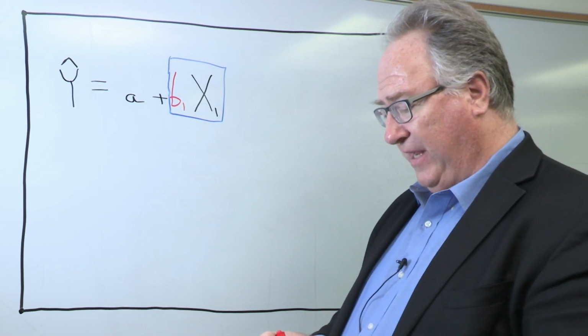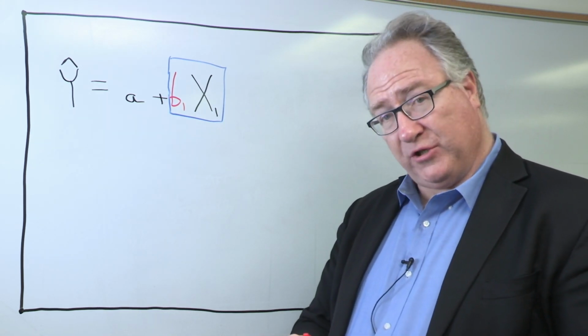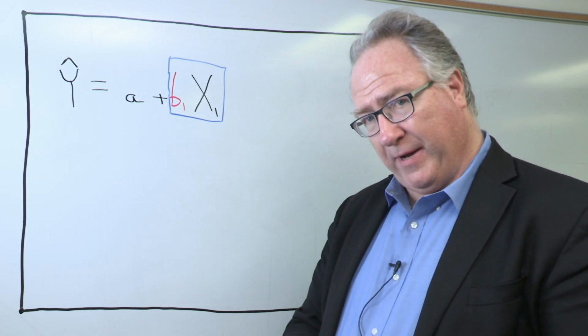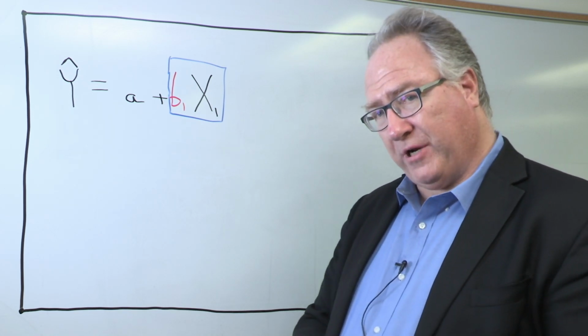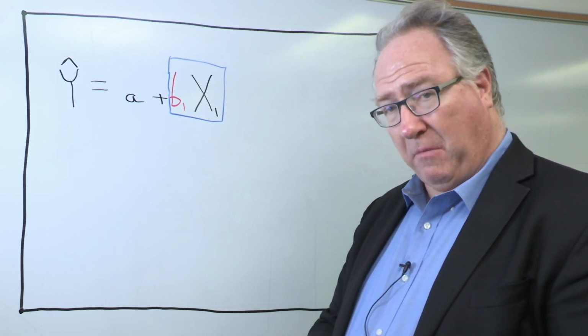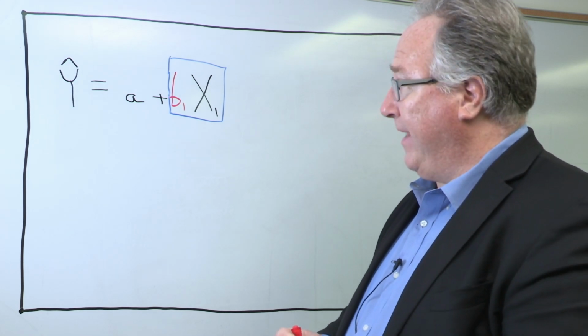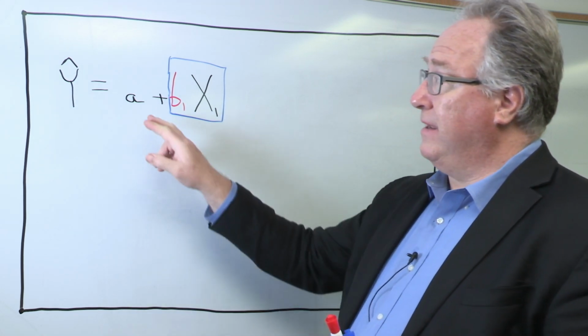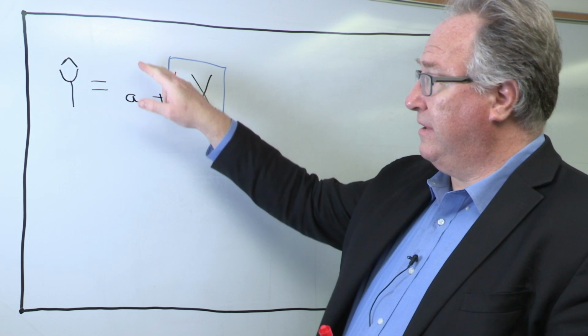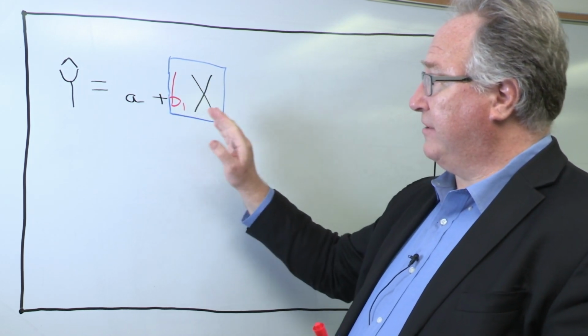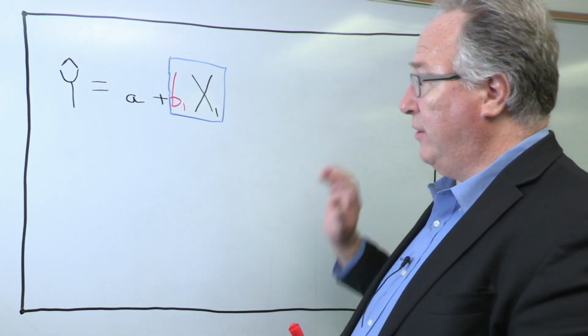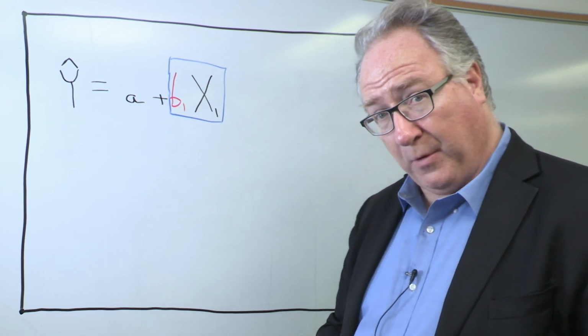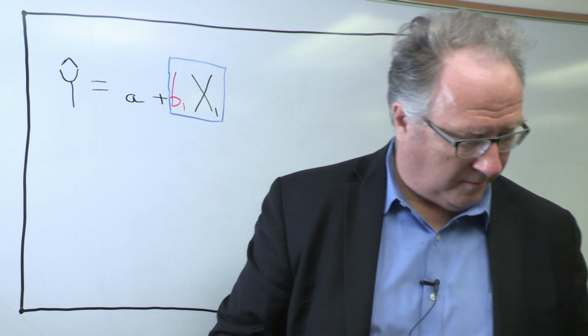Now for the multiple regression equation that I'm going to be talking with you about, we're going to have three predictor variables in the model. The model begins right here with the constant, and it's going to go down and include three predictor variables. Okay, so let's go on to the second predictor variable.